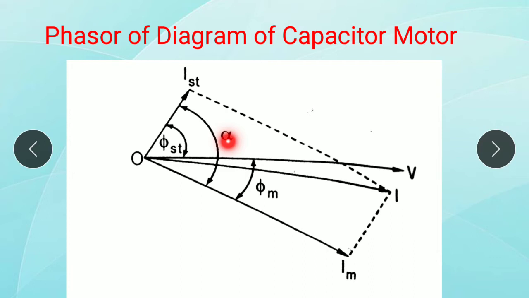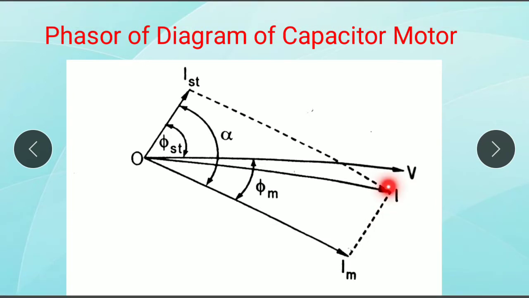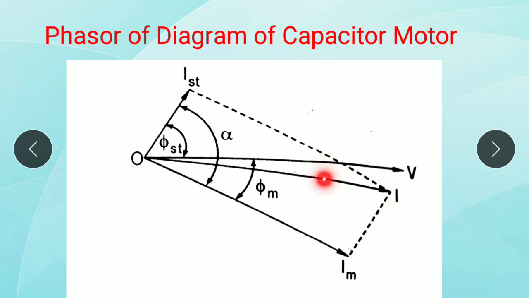The angle is alpha, and the resultant phi is between the voltage and I. The cosine of the angle between the voltage and current gives the power factor.